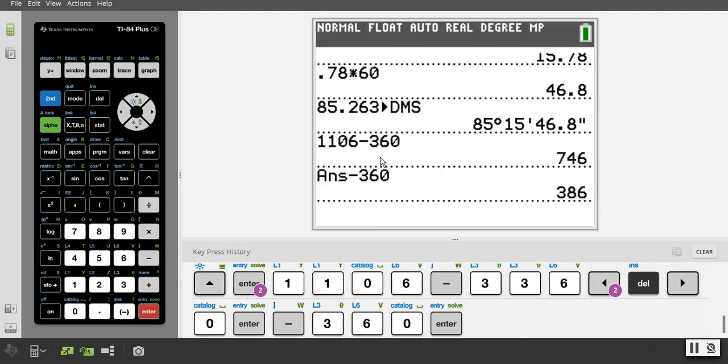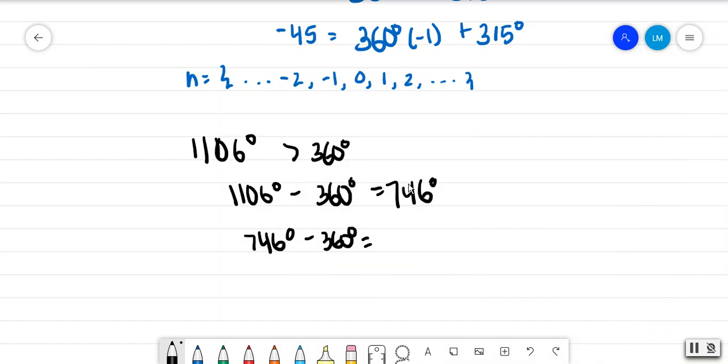So it tells you that the coterminal angle is 386 degrees. What that means is that 1106 degrees is equal to 720 plus 386, so we went around twice.